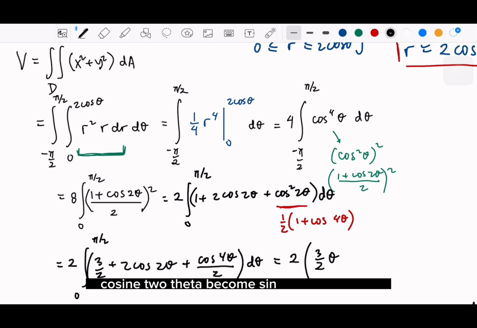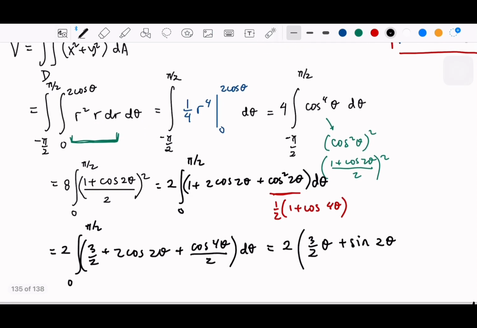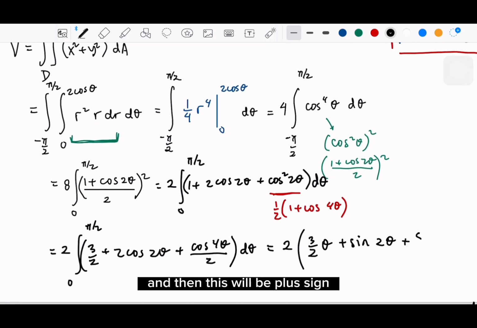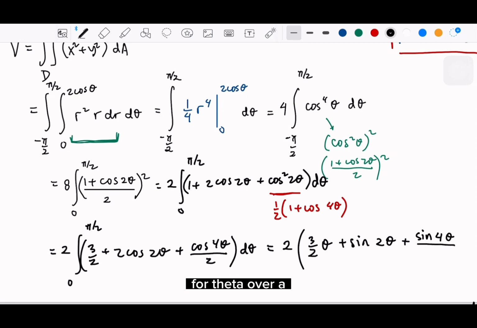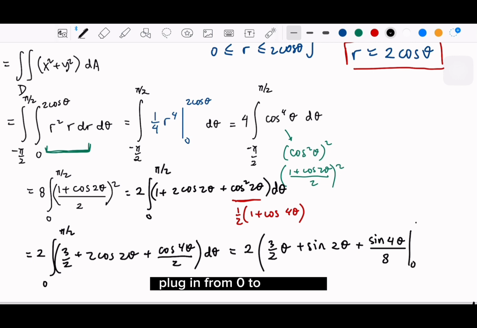Cosine 2 theta becomes sine 2 theta over 2. So this will be plus sine 2 theta. And then this will be plus sine 4 theta over 8. And I plug in from 0 to pi over 2. So sine 4 theta becomes 0.